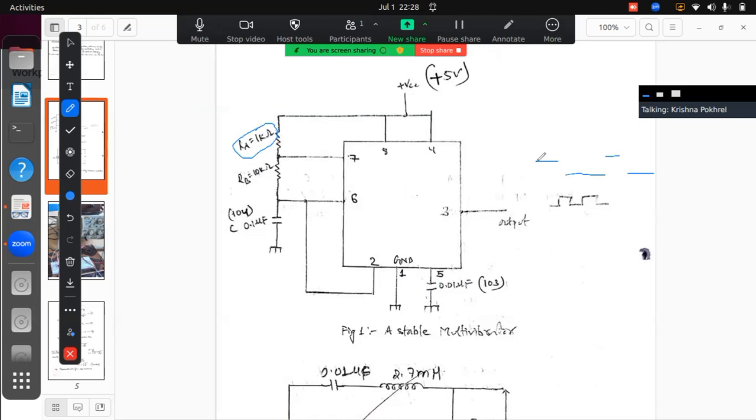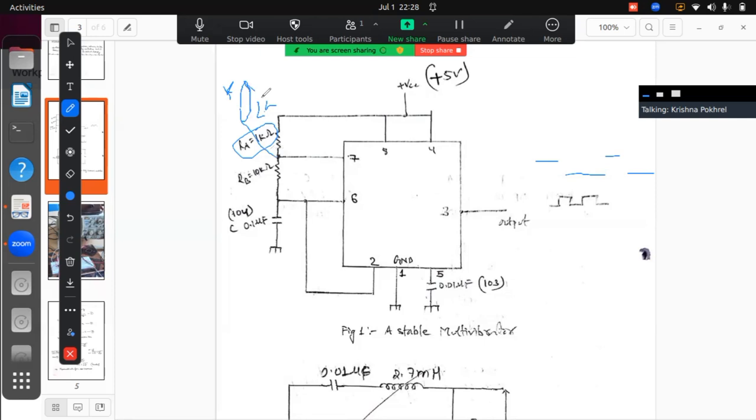But if you want to change this time period to be equal and get a square wave, then we need to connect here 2.2 kilo ohm and 1 kilo ohm, not in series, but in parallel. Join these two wires of 2.2 kilo ohm and 1 kilo ohm, and join it over here.